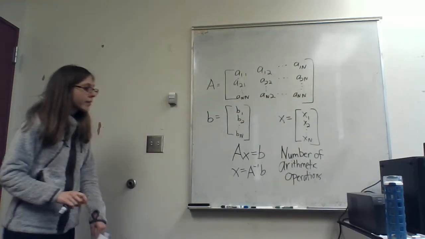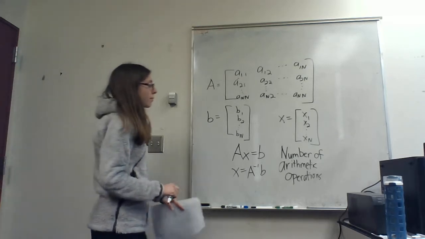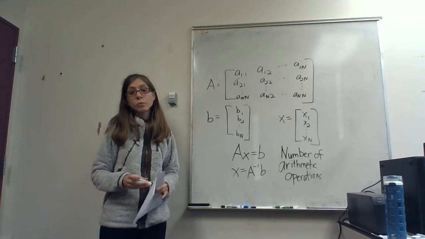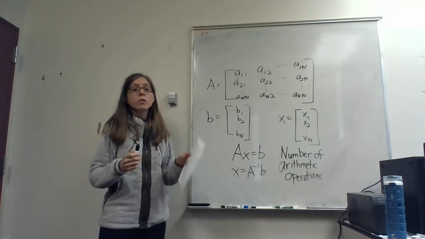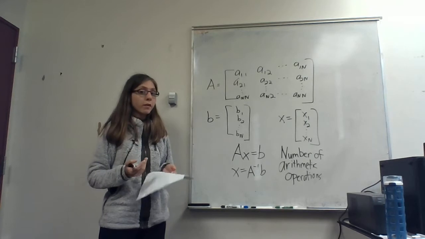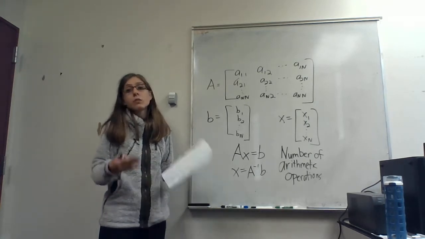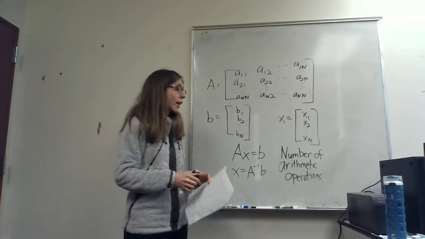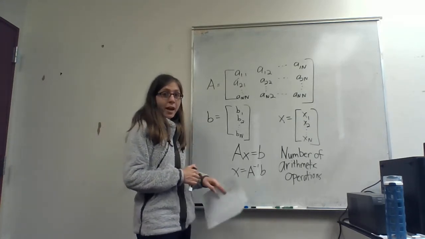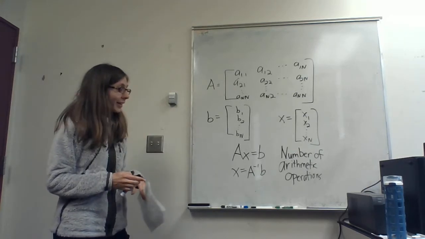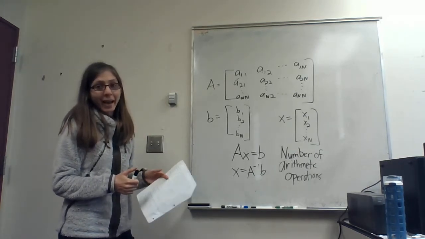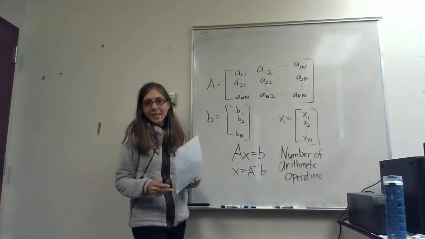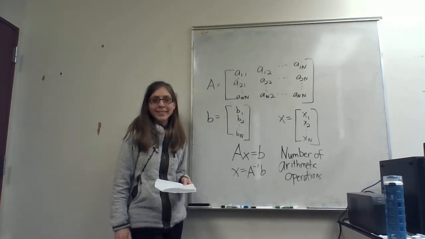That matters because every time you add or subtract two numbers, the computer has to do something. The more of those you have, the longer your computation time, because the computer has to execute more commands. As magic as computers are, that still takes time.